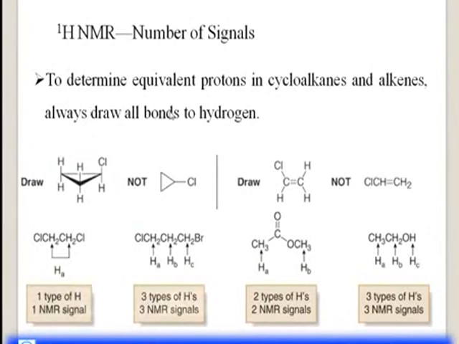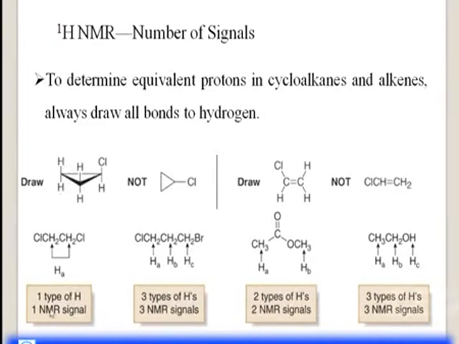Now, how do we determine the equivalent protons in cycloalkanes and alkenes? We have seen saturated molecules; now we are talking about cyclic and unsaturated molecules. First of all, we need to draw these protons not like this, but like this, so that we see them in this manner.